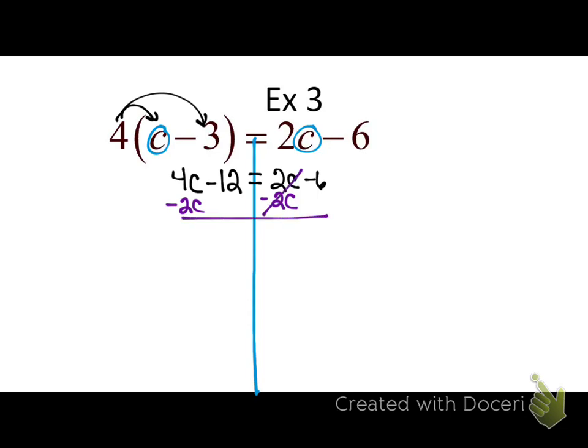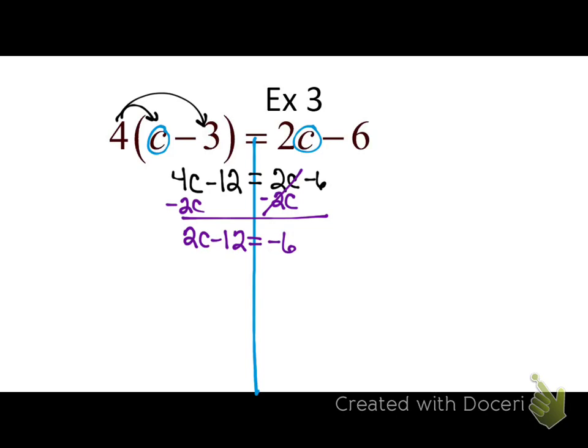On my left side, I now have 2c minus 12 equals negative 6. I am now down to my last step. What's my last step here? Solve as usual, so undo any addition or subtraction.